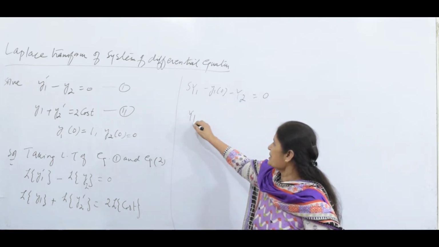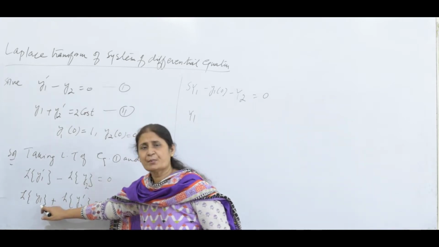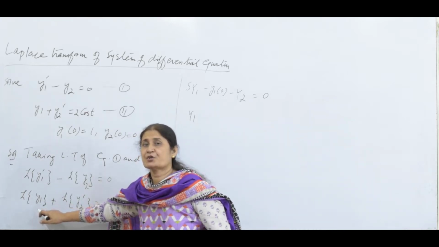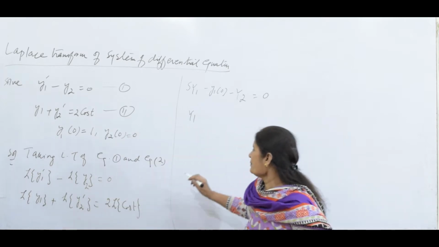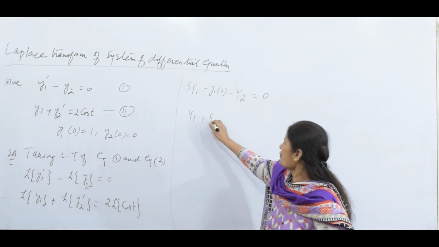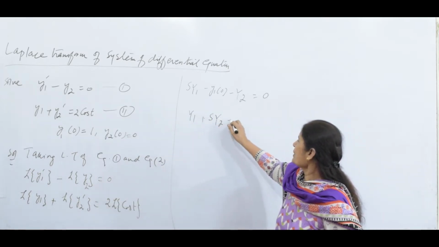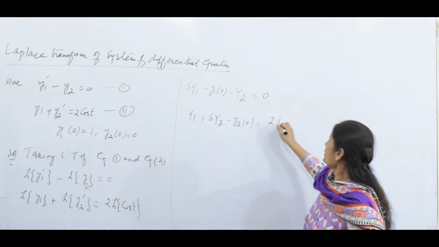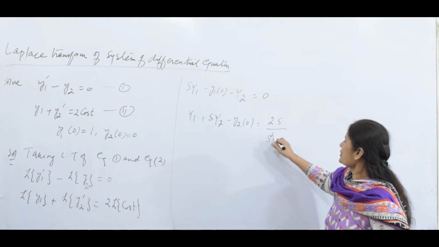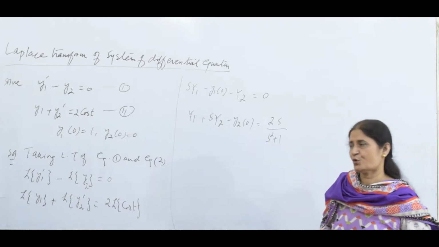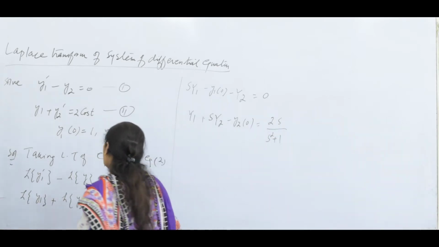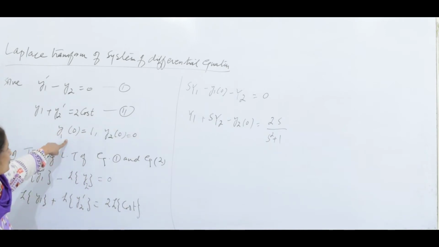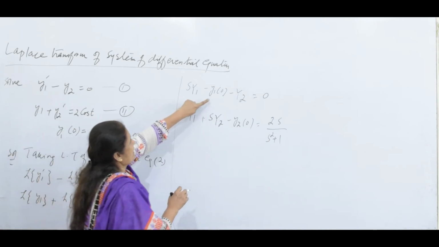Then this is capital Y1. After taking the Laplace transform, it is a function of s. Then the Laplace transform of y2 gives s Y2 minus y2(0), which is equal to 2s over s square plus 1, the Laplace transform of cos t. y1(0) is 1, putting 1 here.